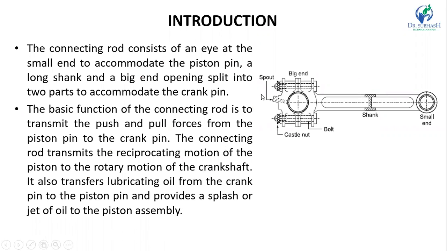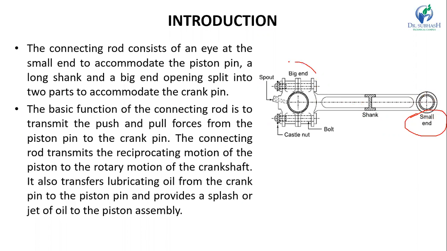First of all, the connecting rod consists of an eye at the small end. Here, this is known as the small end, to accommodate the piston pin. This small end is used to accommodate the piston pin, which means this end is connected with the piston. And it has a long shank and a big end opening split into two parts.